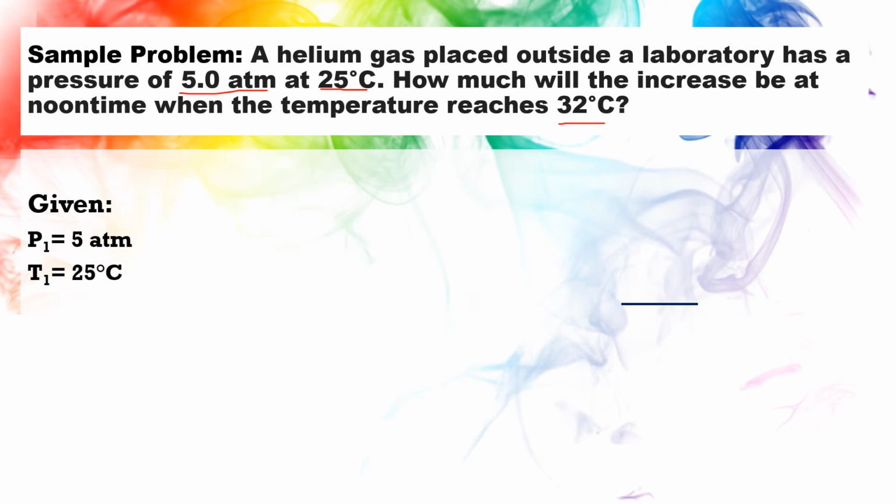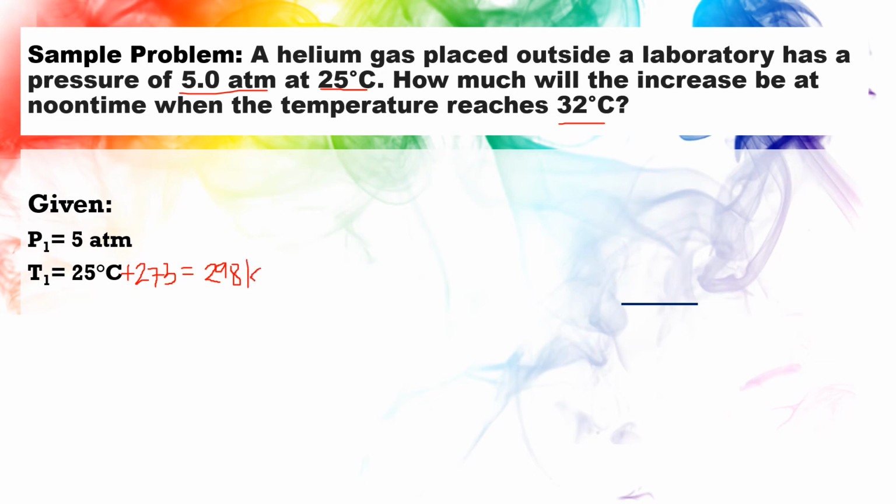For the initial pressure, that is equal to 5 atm. Initial temperature is 25 degrees Celsius. Again, we need to convert this into kelvins, so we add 273. So 25 plus 273 is equal to 298 kelvins.